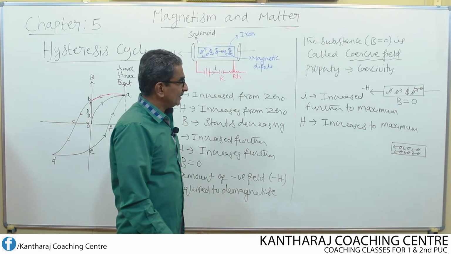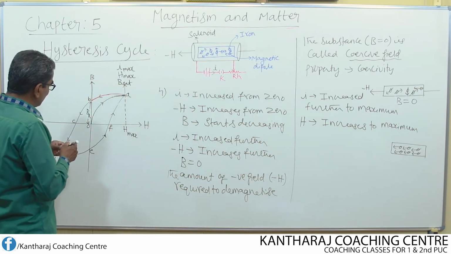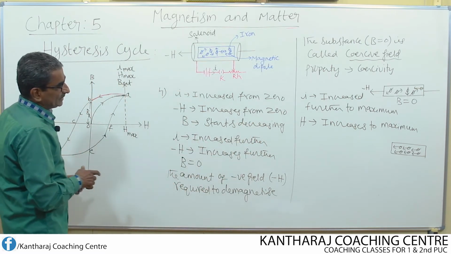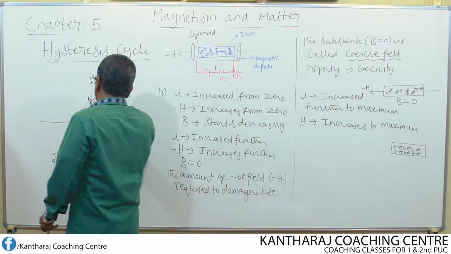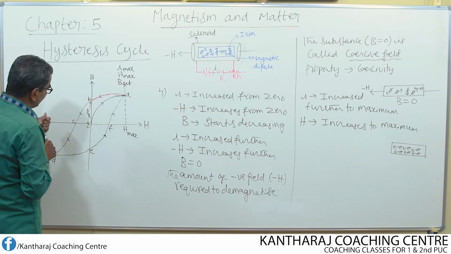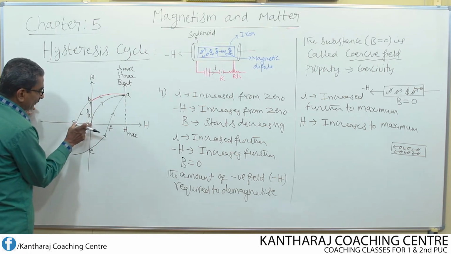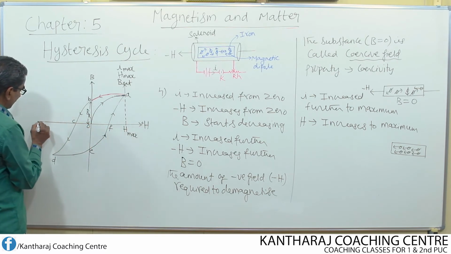Okay. Now let us first represent this operation. How do we represent this operation? That means where B becomes equal to 0, it is represented by means of the curve BC. Look at this, the curve BC, and this amount of negative field. So this is plus H. What about this?